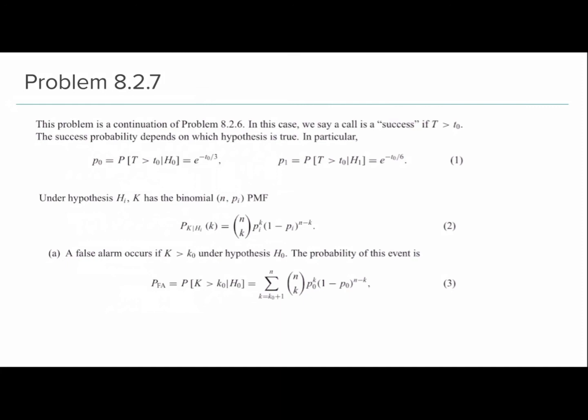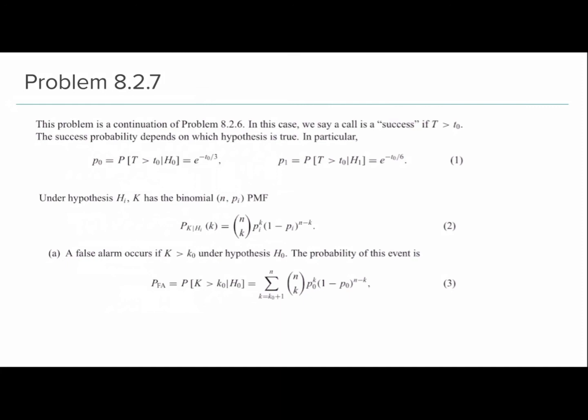So the probability that T is greater than t naught given h naught will be equal to e raised to the power minus t naught by 3, and conditioned on h1 is the probability p1, which is the probability that T is greater than t naught given h1, and this is equal to e raised to the power minus t naught by 6, as the mean duration of data calls was equal to 6 minutes.